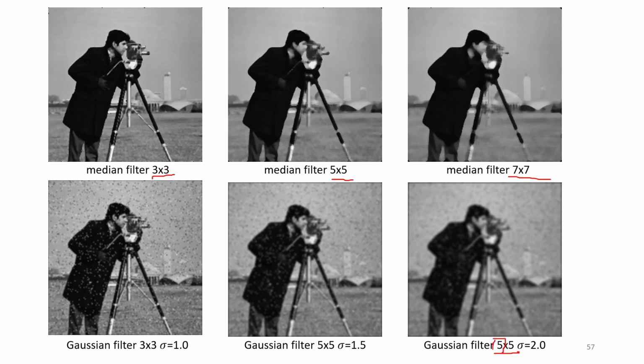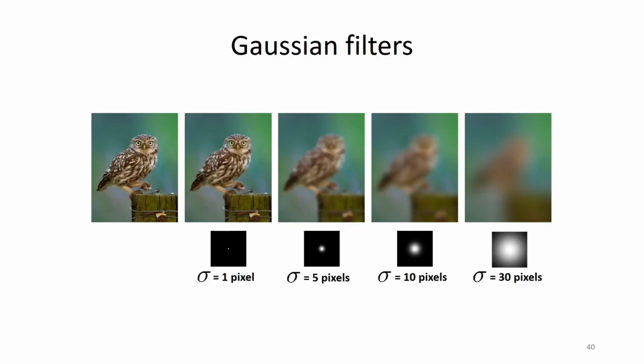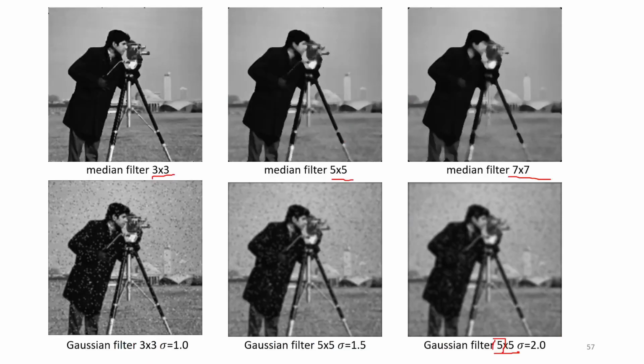Then there's another important parameter, the standard deviation or sigma in the Gaussian blur. So let's take a look. This is a result. For different sigma, you will get a different result. The larger the sigma, the blurrier the output. If I use a very small sigma, then I will still see many noise pixels, the purple and the white here.